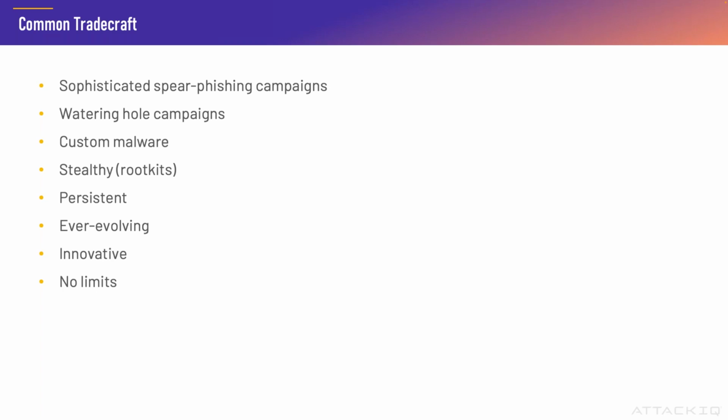You also have Snake, Uroburos, if I've pronounced that correctly, Comrat, Tiny Turla, Quiet Canary, Andromeda, and lots of others as well. They're very highly advanced and pretty much write their own malware rather than just using off-the-shelf commodity malware.